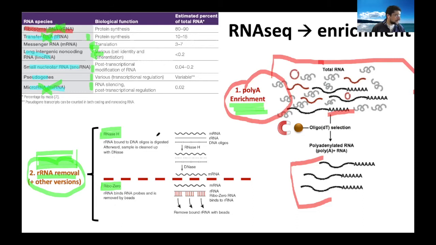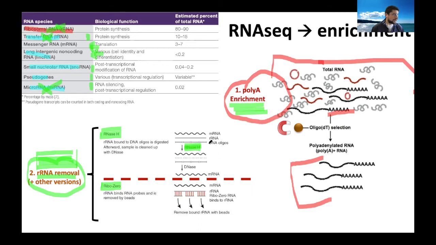What they do is they basically mix your total RNA with these DNA oligos. Then you treat this mixture of DNA and RNA with RNase H, an enzyme that recognizes DNA-RNA hybrids, and it will degrade only the RNA that is bound to DNA.